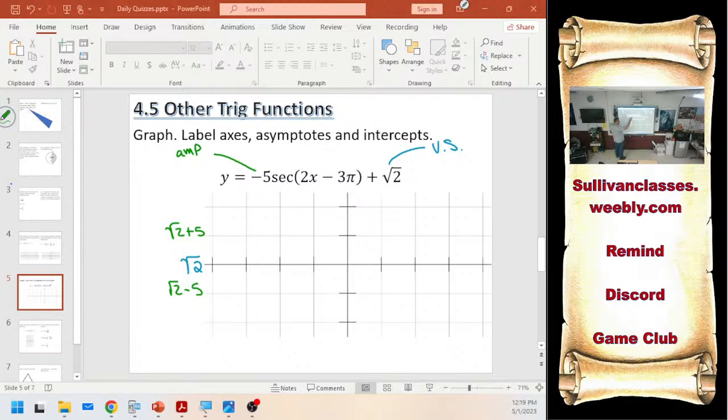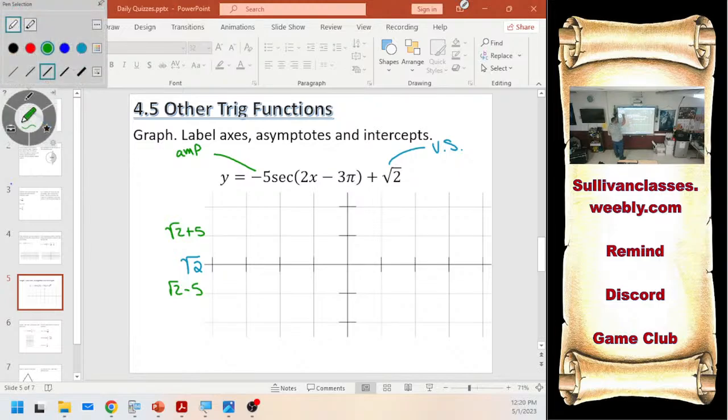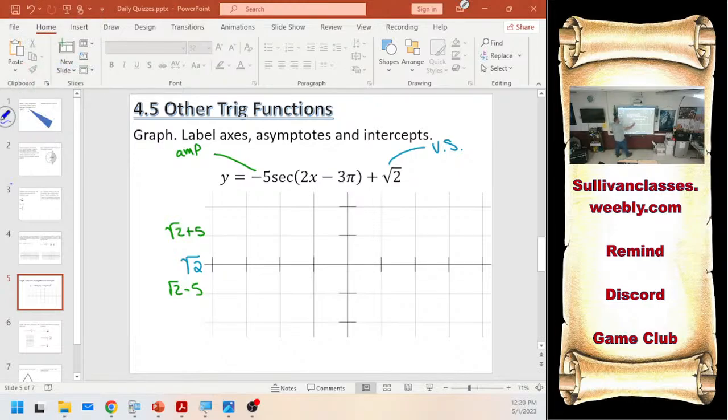The more appropriate one is to have the rational number before the irrational, but this way we see the plus or minus 5. Phase shift is still negative c over b. That part hasn't changed. So we're going to be at 3 pi over 2. Let's put these outside so it's easier to see everything.